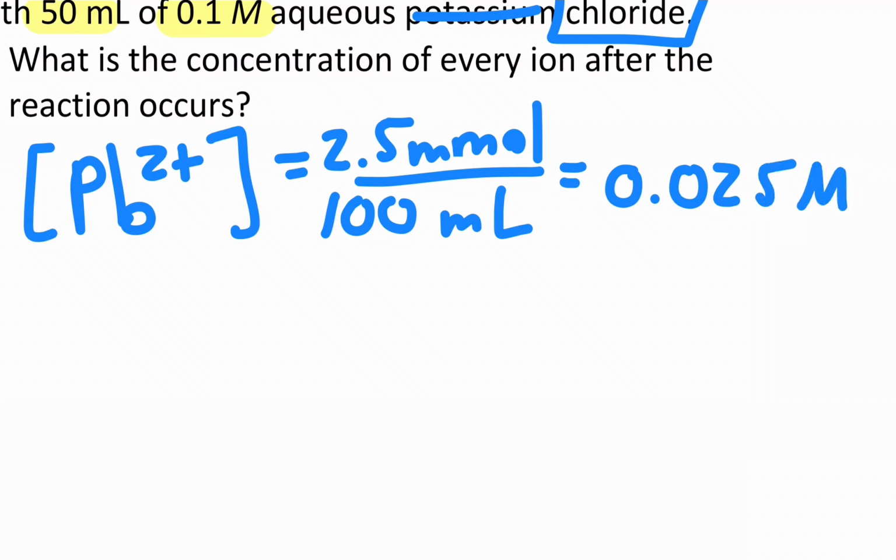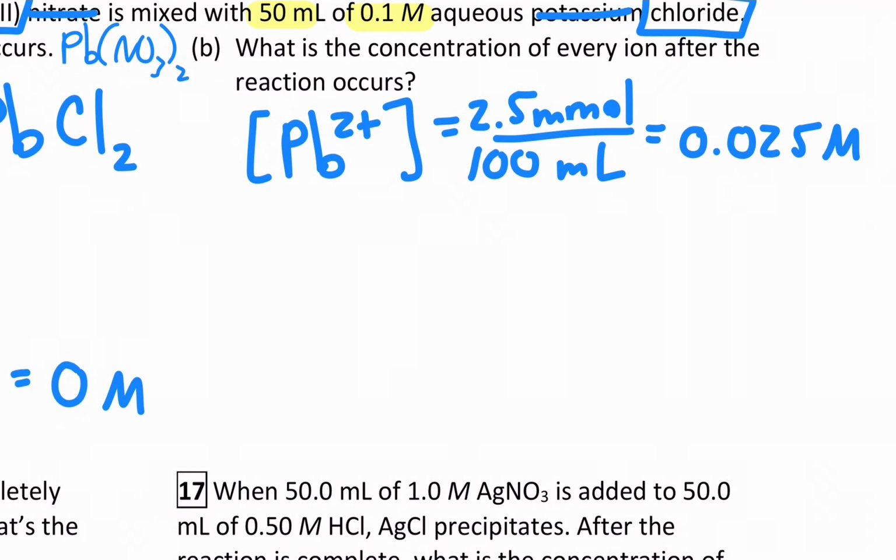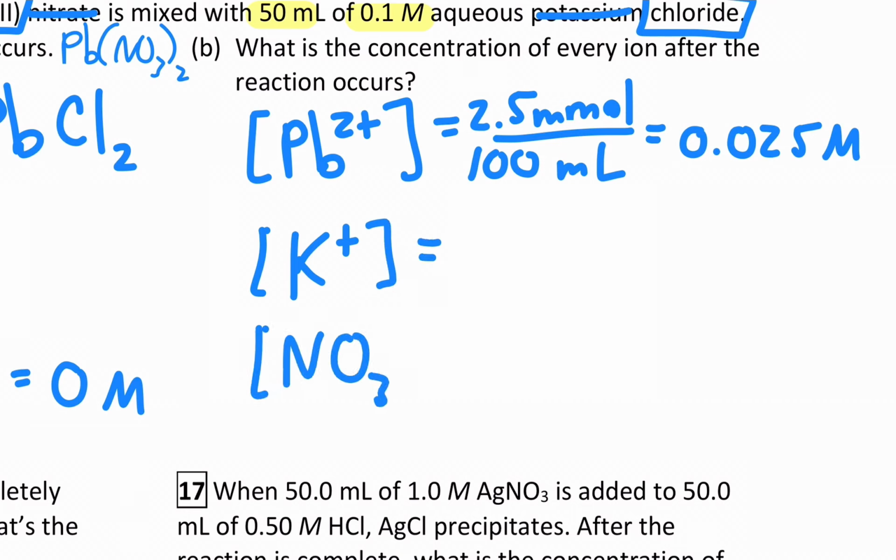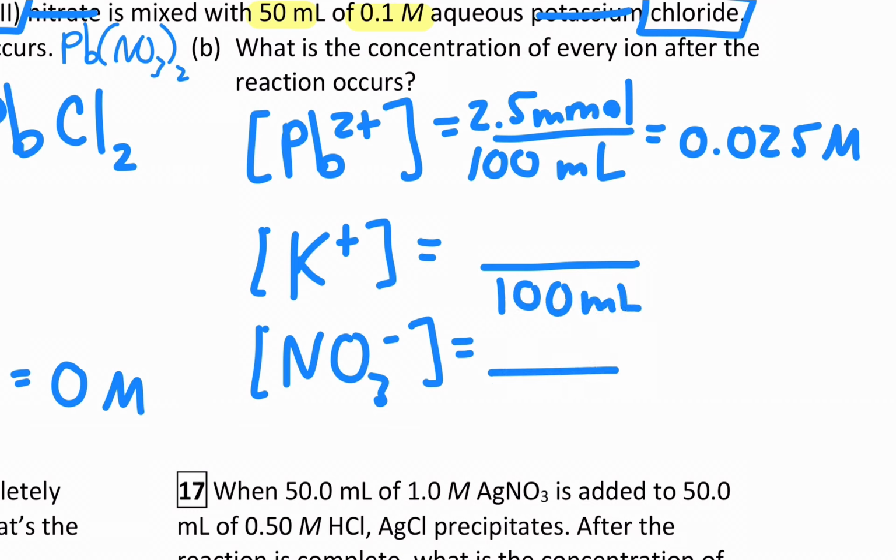There's 2 other ions that are actually swimming around. They've been there the whole time. It's the spectating potassium and the spectating nitrate ion. So how are we going to figure out how much of these we have? Well, they're in the same solution. So everything is in a 100 milliliter solution. But how many millimoles of each one do I have?